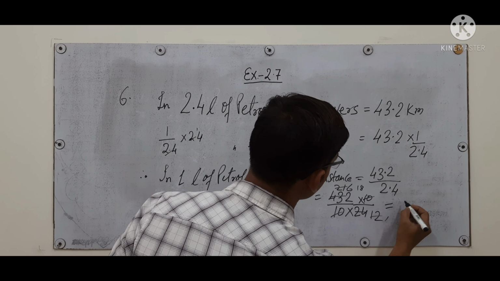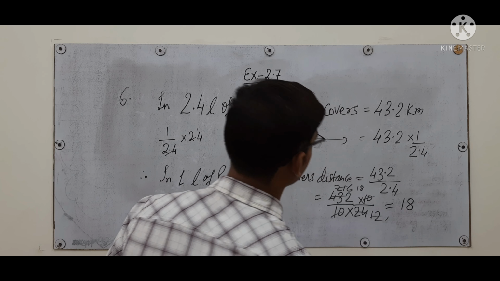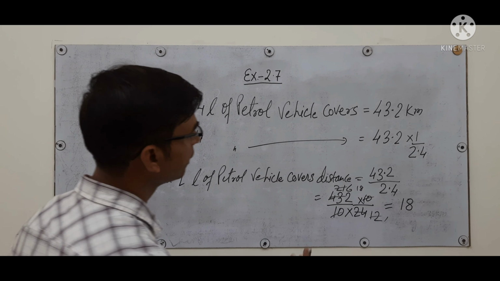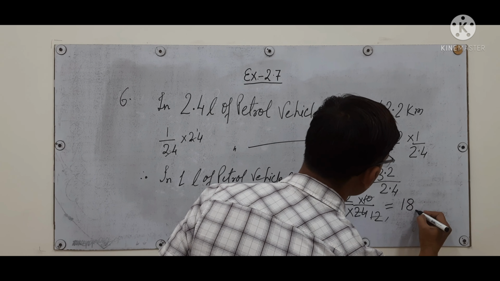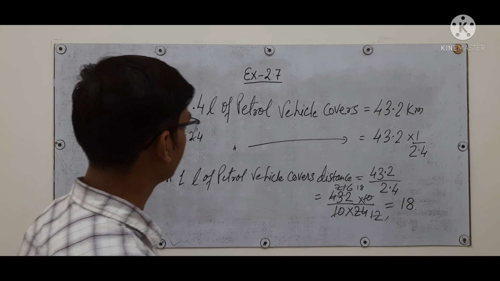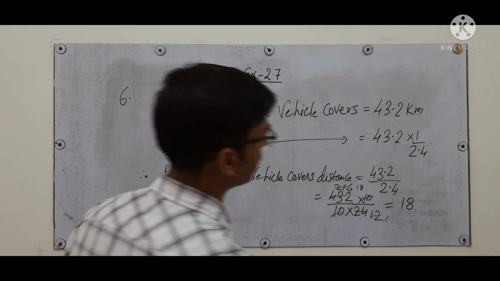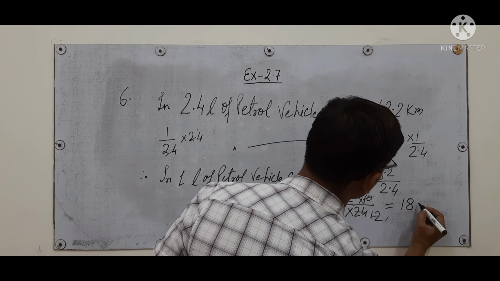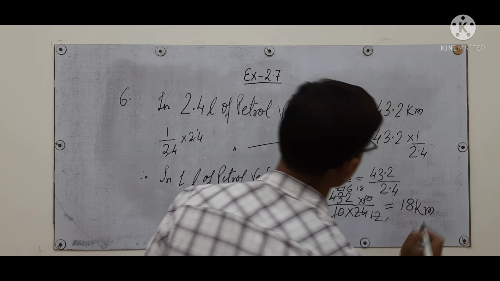So what will be the answer? The answer will be 18. What is 18? Yes, correct. In 1 liter of petrol, the vehicle will cover 18 kilometers of distance.